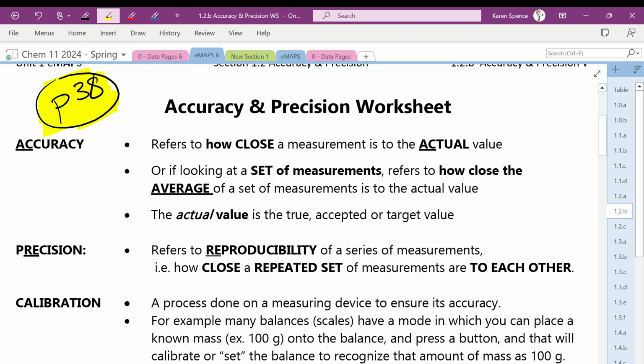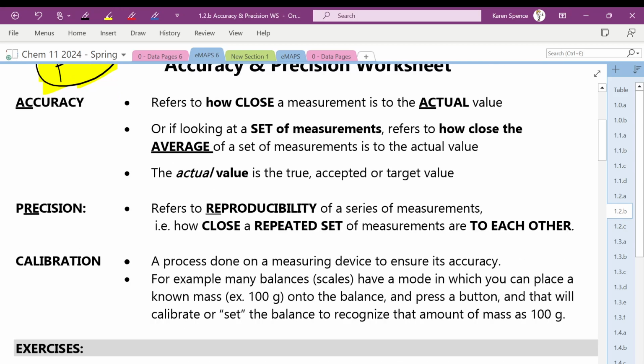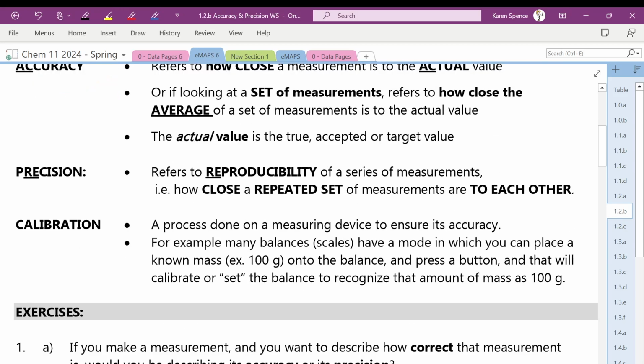So we have an actual definition of accuracy, precision, and then calibration, a process done on a measuring device in order to ensure its accuracy. For example, many balances have a mode in which you put on a 100-gram mass, and then you press a button and it says, this mass is 100 grams, and it will set it based upon that. All right. That's it for accuracy and precision for today.